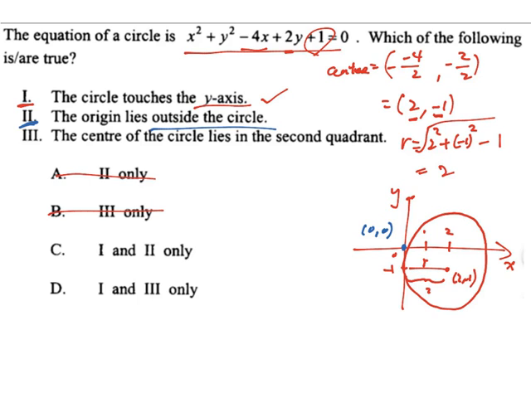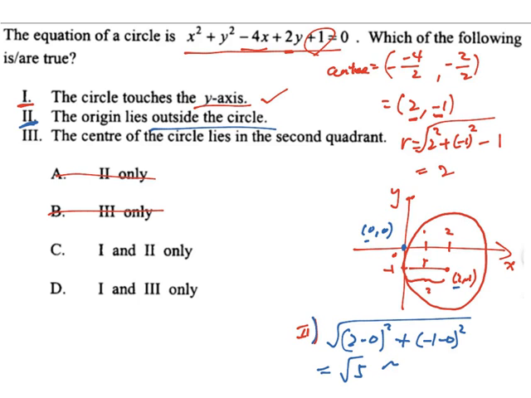So we will use the distance formula. We check the distance: 2 minus 0 squared, plus negative 1 minus 0 squared, with the square root. So we get root 5.